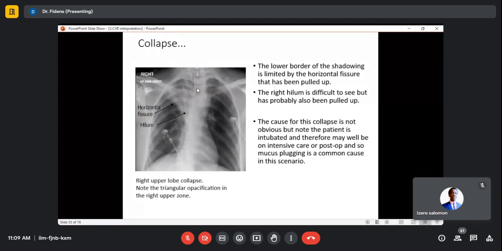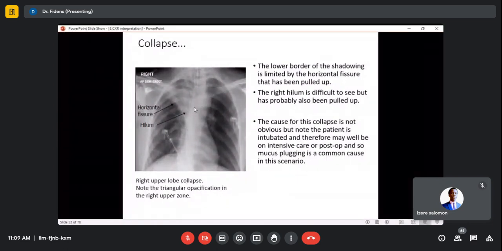And listen to me, for the endotracheal tube in radiology, it is well inserted when the distance from its tip to the carina is at least 5 centimeters.